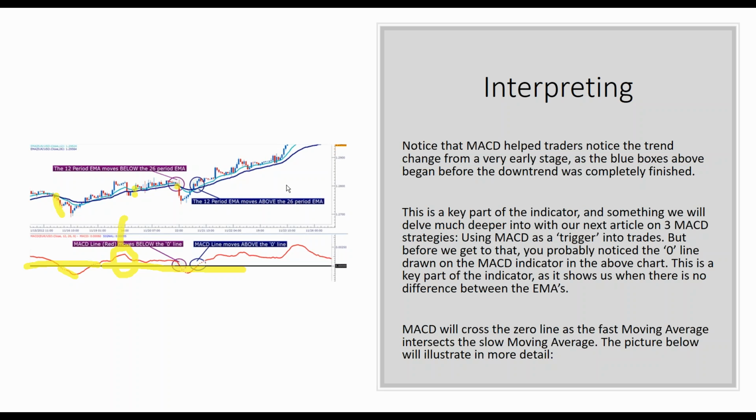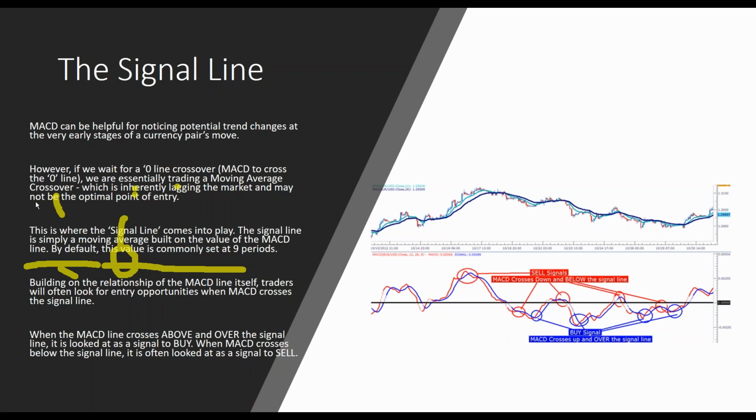So we don't need to be looking at the lines above, and that's why it doesn't plot these on your chart. It just plots them below. So remember, that was only the red line. Remember, that's the MACD line. Then we have the signal line, which in this case is the blue line. The signal line is the 9-day moving average of the difference of the 12 and the 26.